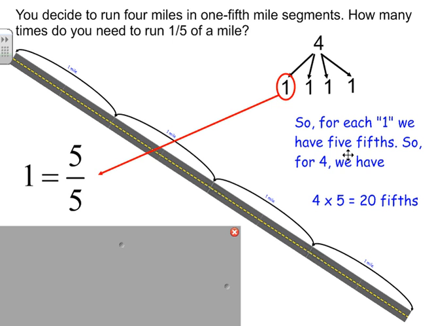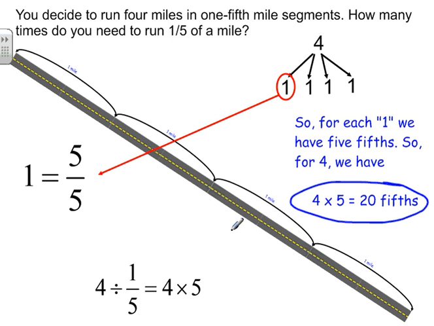So for 4 miles, we have 4 times 5/5, because 4 miles times 5/5 per mile is equal to 20/5 of a mile. Alternatively, 4 divided by 1/5 is the same as 4 times 5/5, just like 1 divided by 1/5 is the same as 1 times 5.